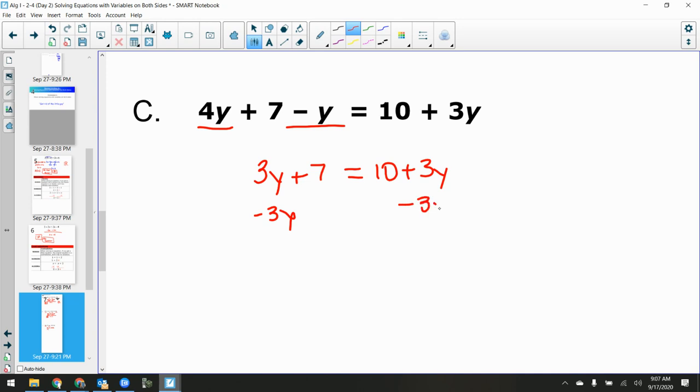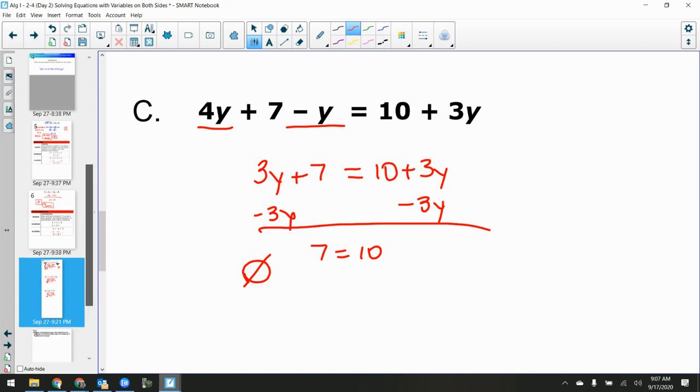I've got 3 y's. There they go. Okay. What's my answer? No solutions, right? Not all real numbers, no solutions. Our variable's completely canceled out. We get a false statement in the end. No solution. Questions about that?